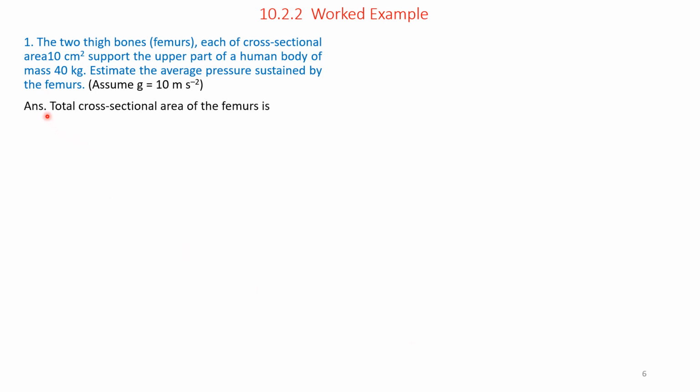Let us solve it. The total cross-section area of the femurs is given by A equal to 2 times 10 centimeters squared, that is equal to 20 times 10 to the power of minus 4 square meters.